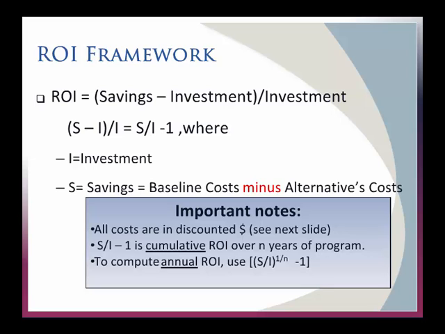We're comparing things, so all of our costs are discounted, and I won't get into the net present value calculation. Net present value is a measurement that's used to discount those dollars over time. But you've got your cumulative return on investment over N years of a program that computes an annual return on investment.